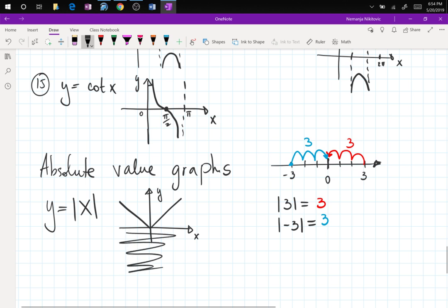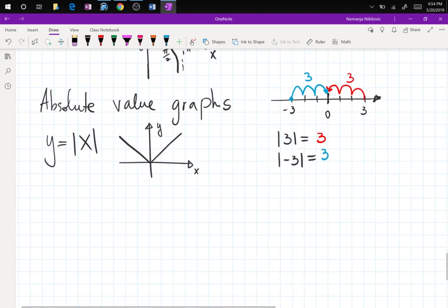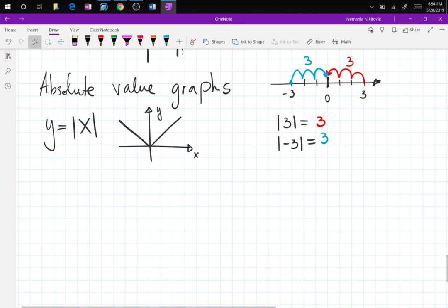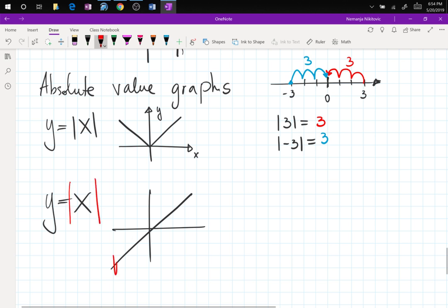There's nothing in the negative realm. There would be no negative value, just a reflection of both sides. So we reflect only what is negative. What is the original function? It's y equals x. And what does that look like? Looks like a 45-degree line. If I add absolute value, then this piece is no good anymore. We have to flip it up.